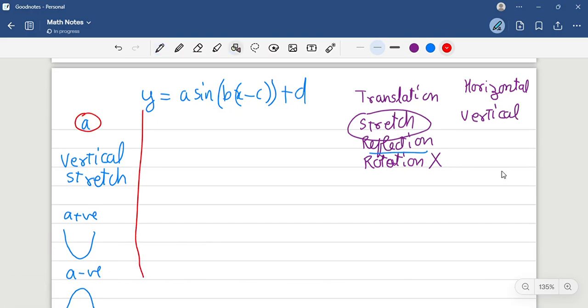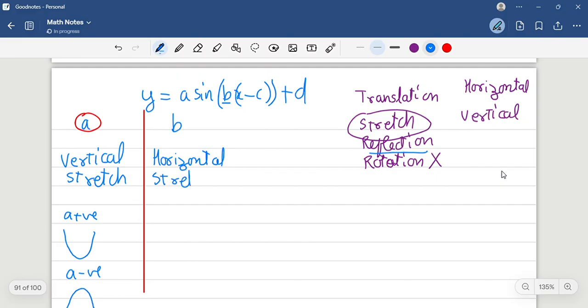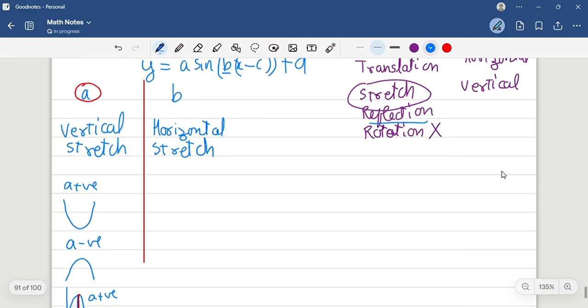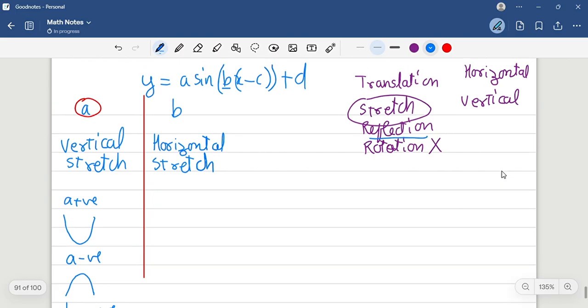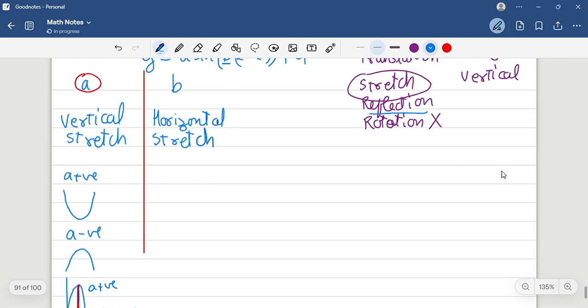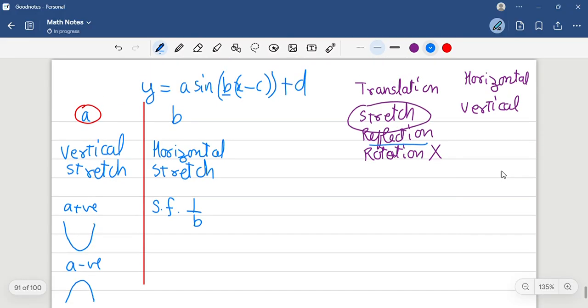Now, after that, we'll discuss the next variable, which is the b part. When we talk about b, b is connected with a horizontal stretch. When we talk about the horizontal stretch, it is the scale factor. This we studied in the transformations. In the transformation, the scale factor is always the reciprocal of whatever is given in the function.